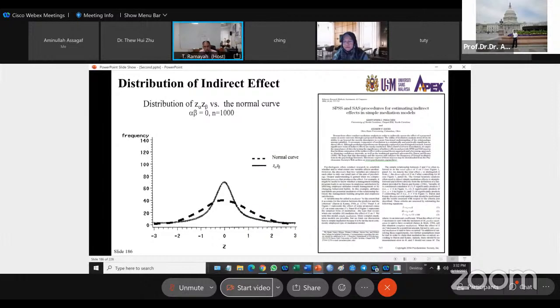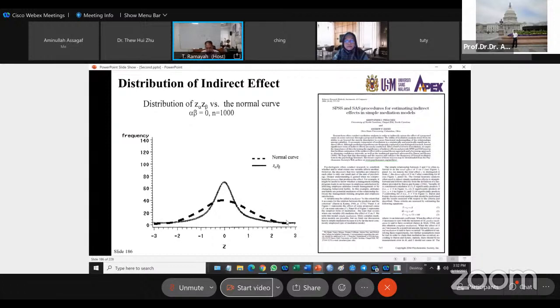The method introduced by Preacher and Hayes in 2004 tests simple mediation: one independent, one mediator, one dependent. Then in 2008, they came out with the multiple mediation testing procedure. Here they showed clearly that when you take your indirect effect, which is A times B, the distribution is not normal.